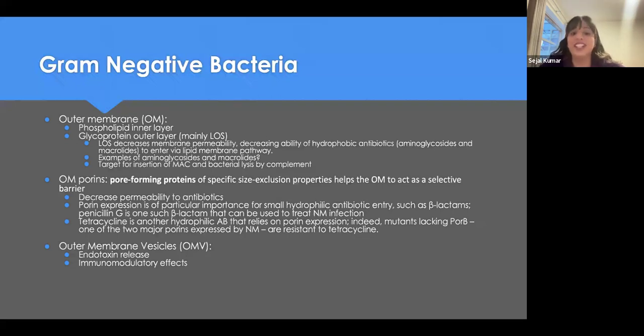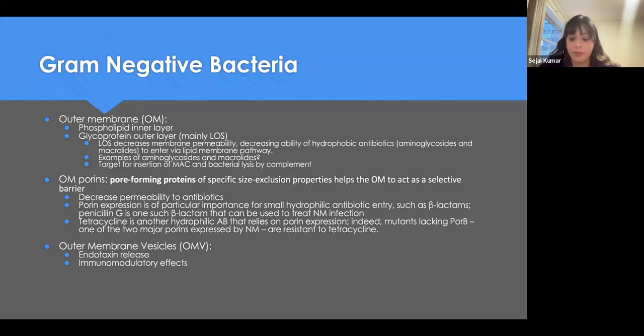Yeah, so porin expression is very important for hydrophilic antibiotic entry, essentially. Tetracyclines are an example that I've given of an antibiotic that relies on porin expression. And so basically the bacteria can mutate to decrease the ability of these to enter because, for example, in Neisseria meningitidis, if you mutate one of the two major porins, you can make them resistant to tetracycline, and it's a big mechanism of antibiotic resistance in these bacteria.